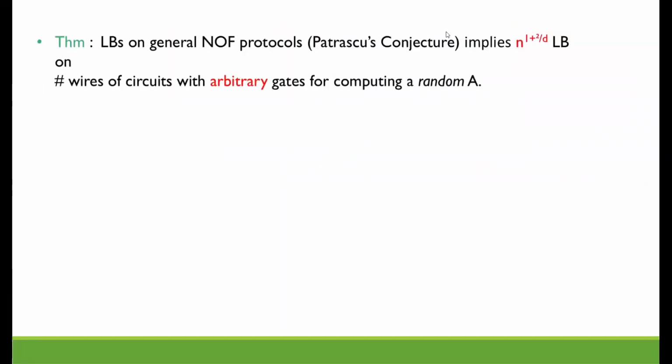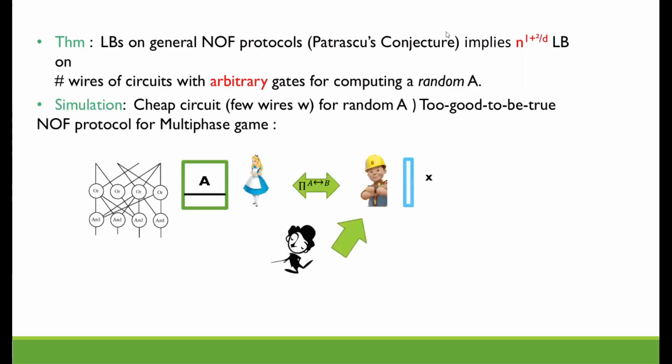We show that Pătraşcu's number-on-forehead conjecture indeed implies a polynomial lower bound for circuits with arbitrary gates computing a random linear operator. We show this by showing that a cheap circuit implies a too-good-to-be-true number-on-forehead protocol. Alice is given a linear operator A, Bob is given x.